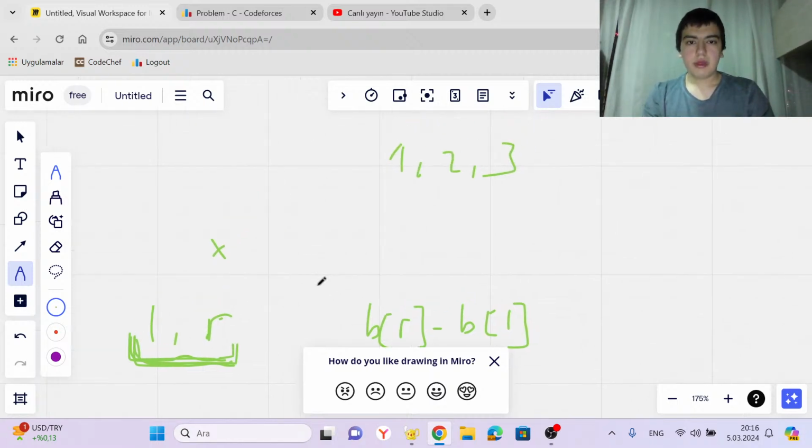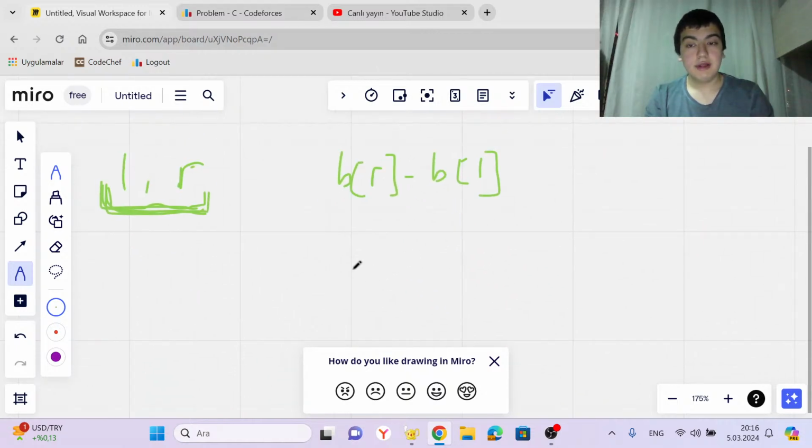So I will use a method like this. First I will look at a starting interval from L to L plus x minus 1.